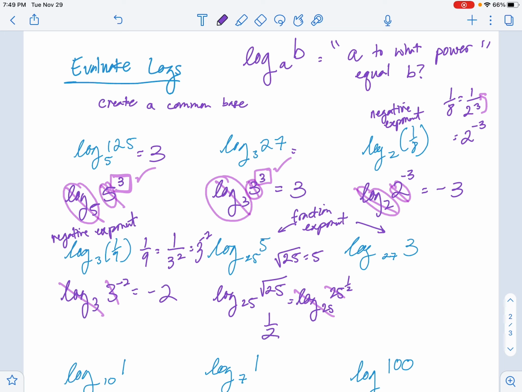Right? Same thing for the second one. I have a base of 27, so I need to change 3 to be a base of 27. Okay. So I have to think of what root I can take for 27 so that it turns into a 3. And it's not square root, but if you do cube root, that will give you 3.